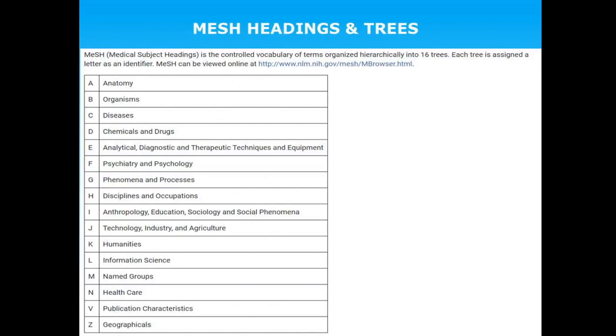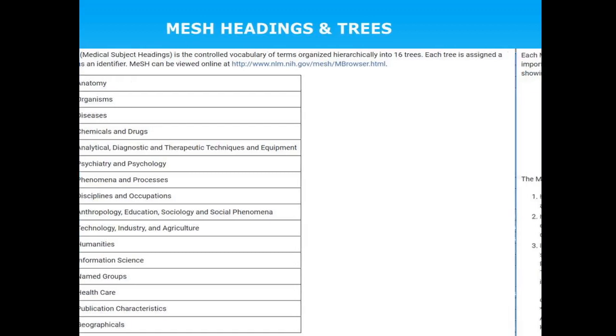So these are the MeSH headings and the tree. I have already told you MeSH is nothing but a predefined list of controlled vocabulary that is organized hierarchically according to a certain order of rank, which is divided into 16 trees. Each tree is assigned a letter as an identifier. So the tree anatomy has identifier A, organisms B. So there are 16 trees in the hierarchical order. From that there will be subdivisions for each tree.